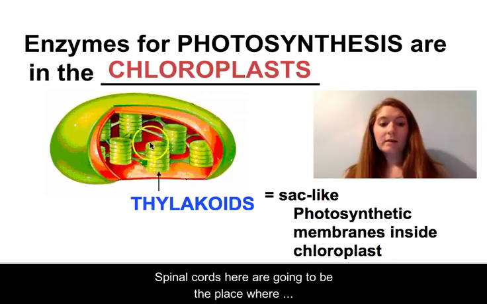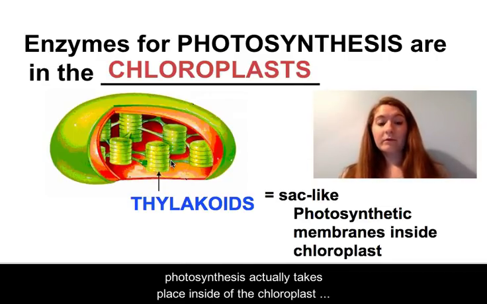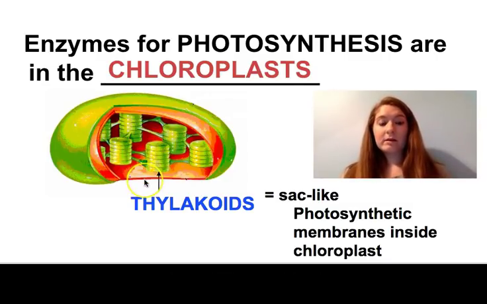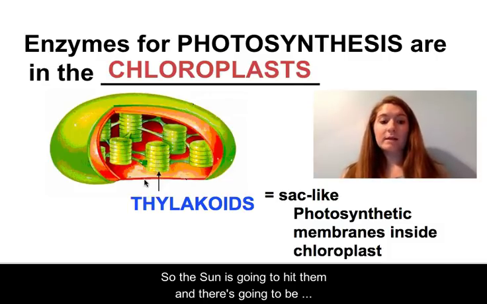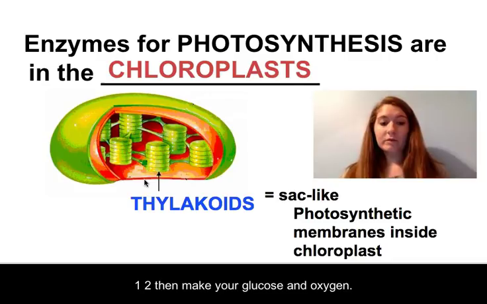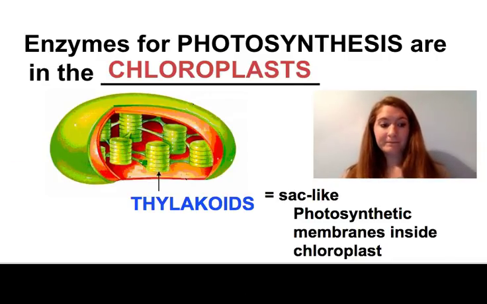These thylakoids are the place where photosynthesis actually takes place. This is where all the magic happens. The sun is going to hit them, and there are going to be some reactions that happen in there to make your glucose and oxygen.